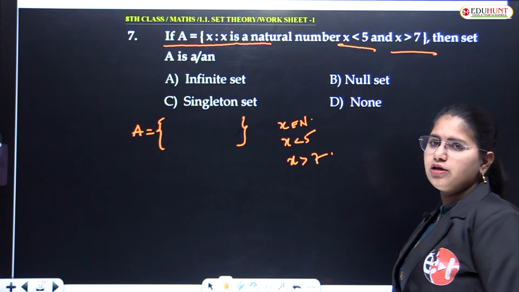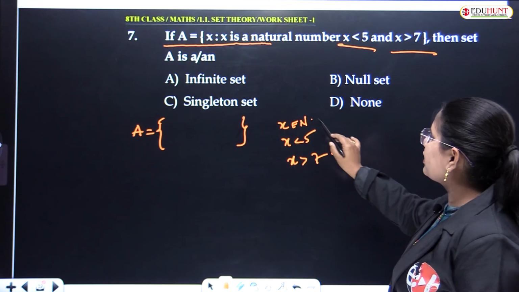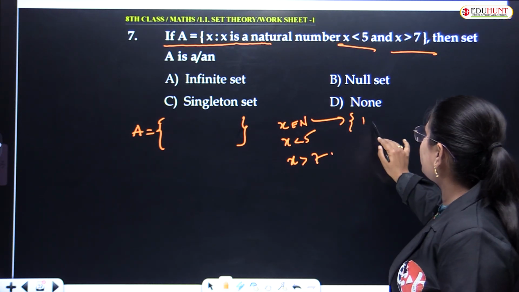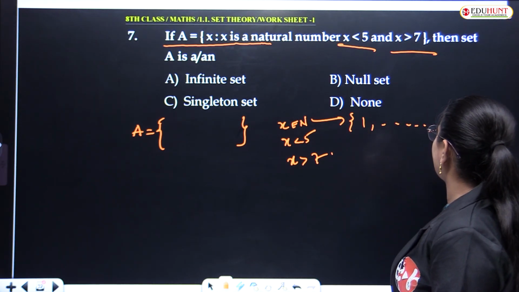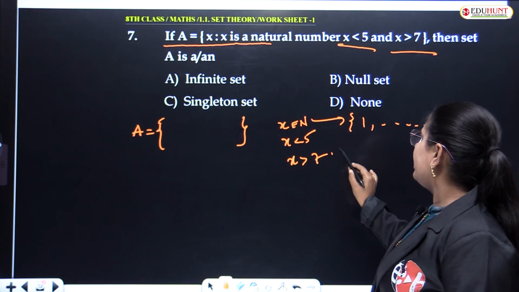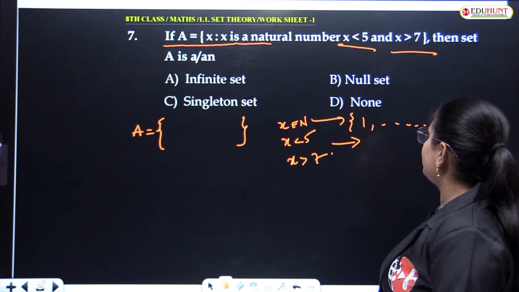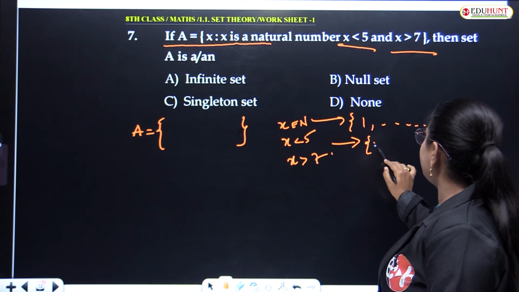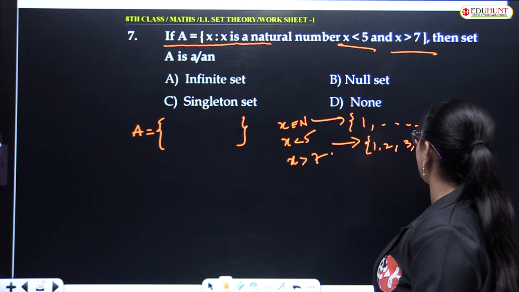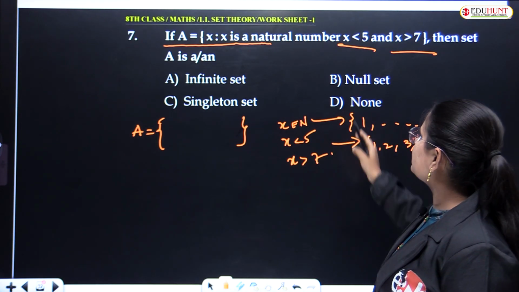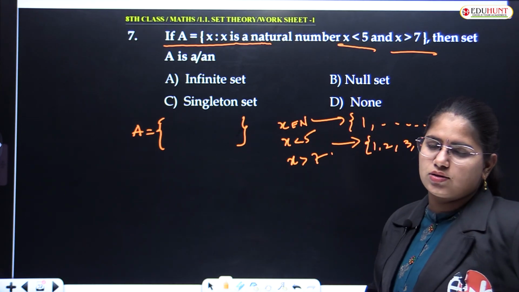Now you tell me. x belongs to natural numbers means starting from 1 and going up to infinity. x is less than 5. Less than 5 means what are the numbers? 1, 2, 3, 4. Because x belongs to natural numbers, I am taking it like this.